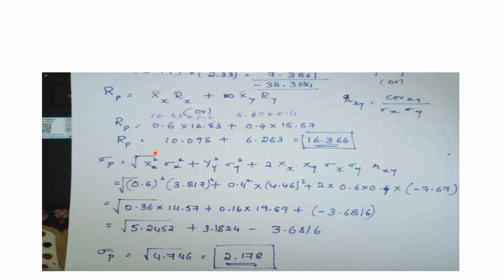So that's why we are taking it under root, and the formula is square root of x square into standard deviation x square plus y square standard deviation y square plus 2 into x y, two securities x and y, then standard deviation x standard deviation y into r xy, that is the coefficient of correlation, that is covariance of two securities.